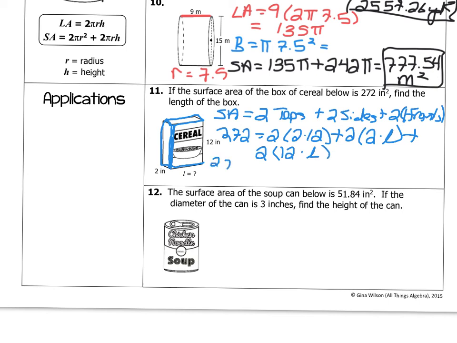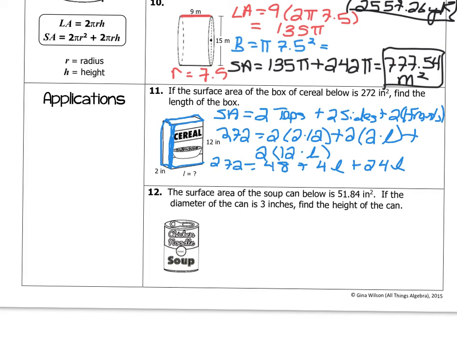All we do now is we start working our problem. So 272 is equal to 2 times 12 is 24 times 2, which is 48, plus 4L plus 24L. So 4L and 24L, if we take the 272 over, I guess we can go ahead and subtract that.